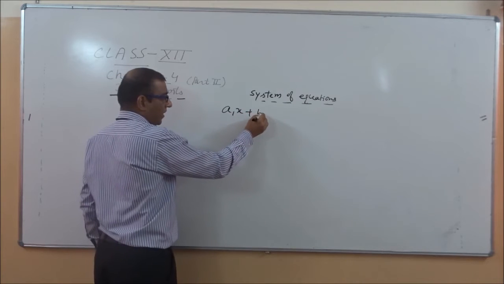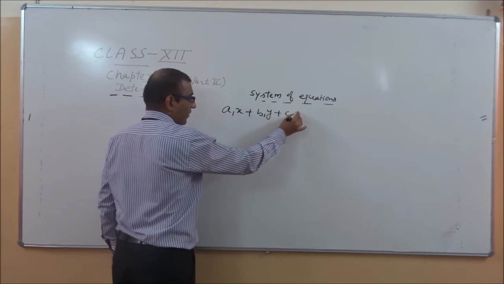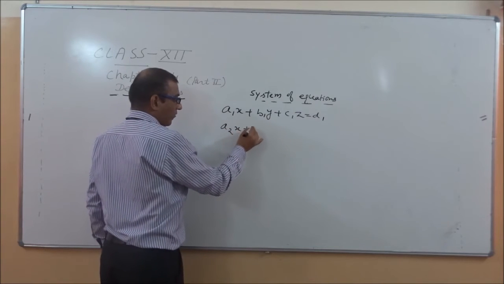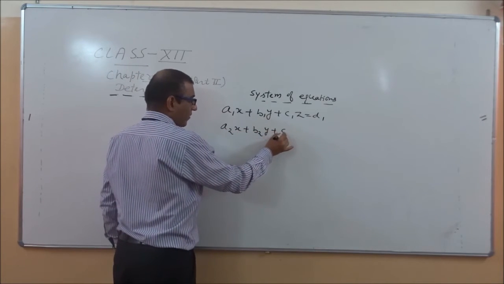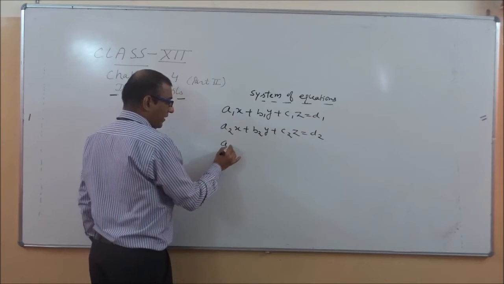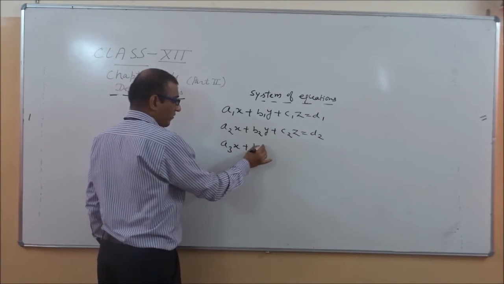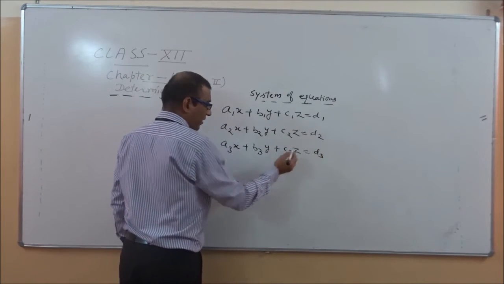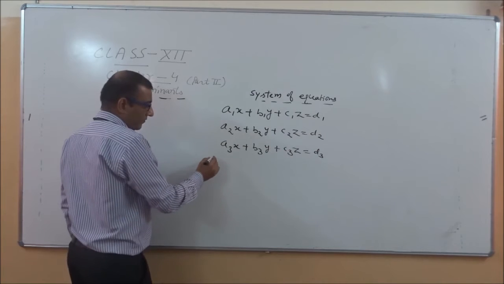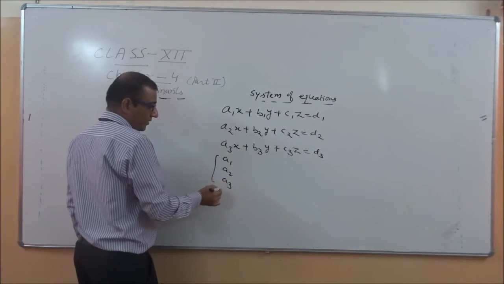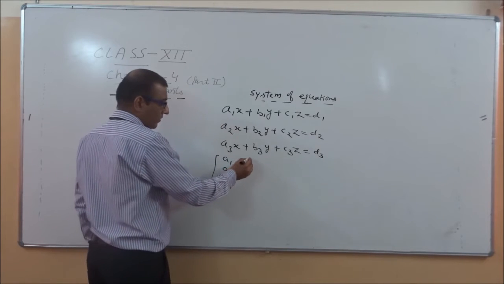For example, if we take equations such as A2x plus B2y plus C2z equals D2, and A3x plus B3y plus C3z equals D3, then it can be written as: A1, A2, A3 are the coefficients of x.